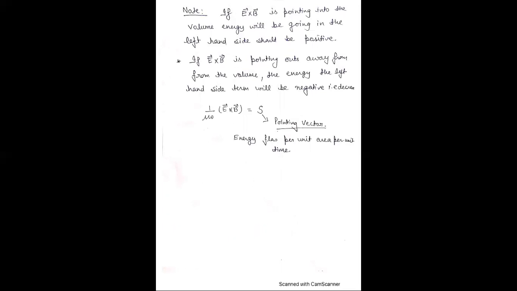If E cross B is pointing outward, away from the volume, there is a decrease in energy, and the left hand side term will be negative. That term (1/μ₀) E×B is equal to S. S is the Poynting vector, representing energy flow per unit area per unit time. The Poynting vector I will discuss in the next lecture.